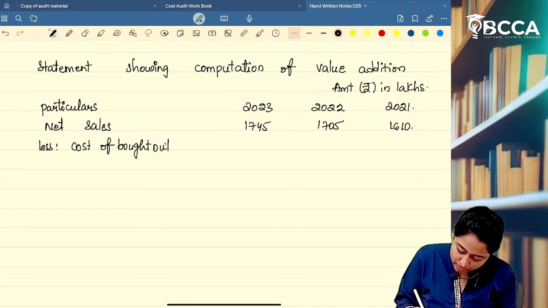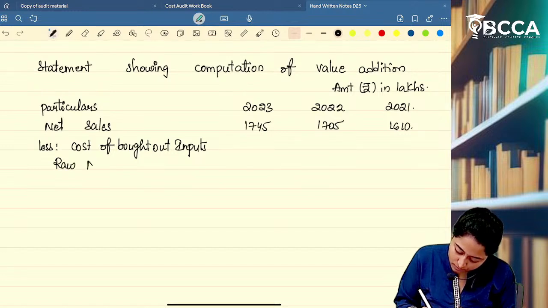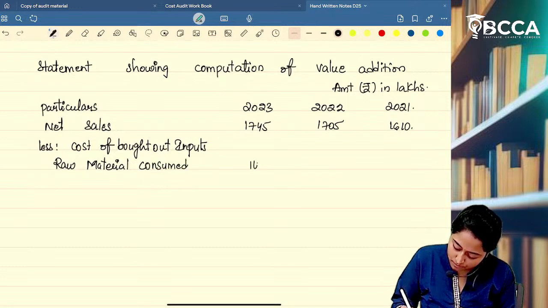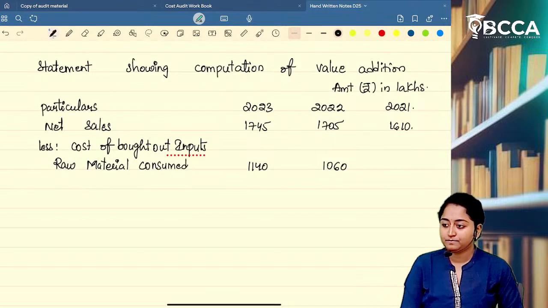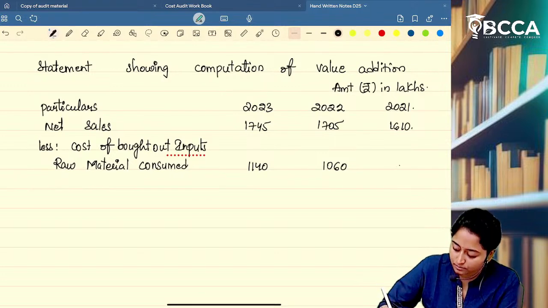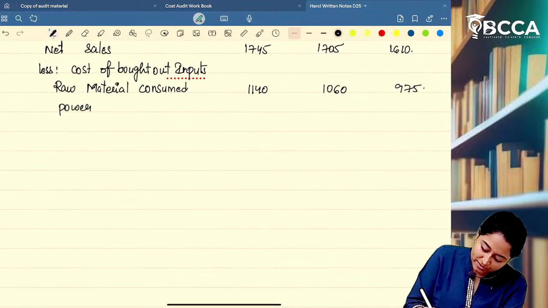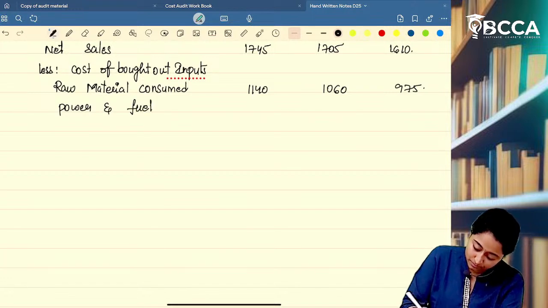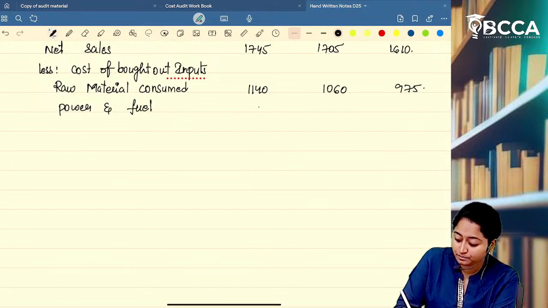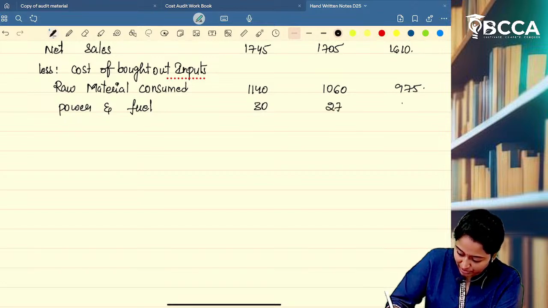Now less cost of bought out inputs, raw material consumed. How much is raw material consumed? And then power and fuel. 24.